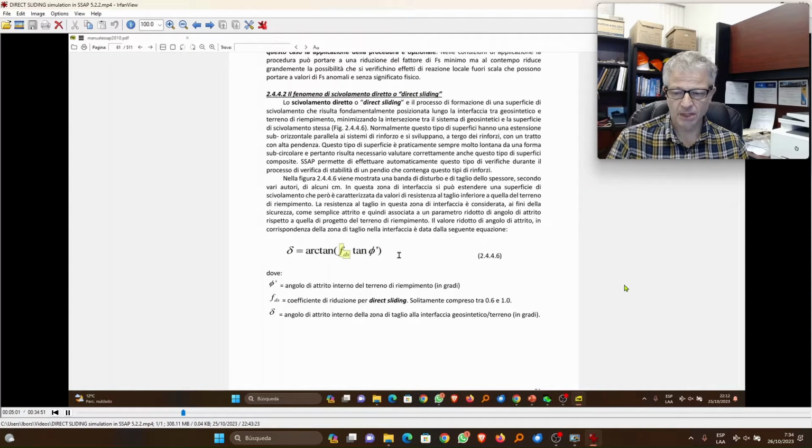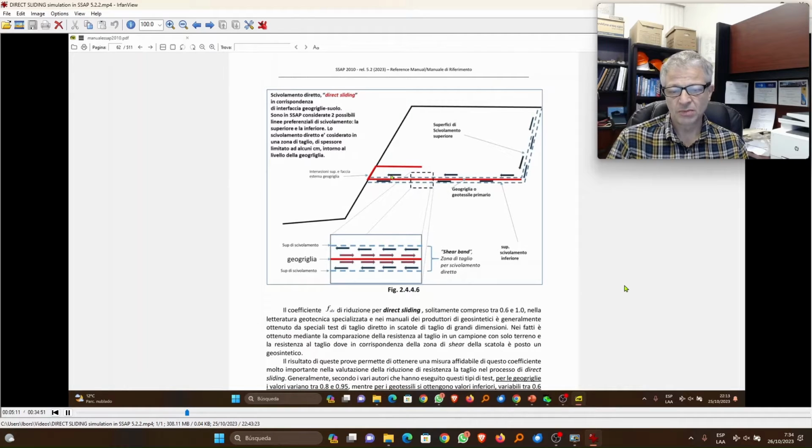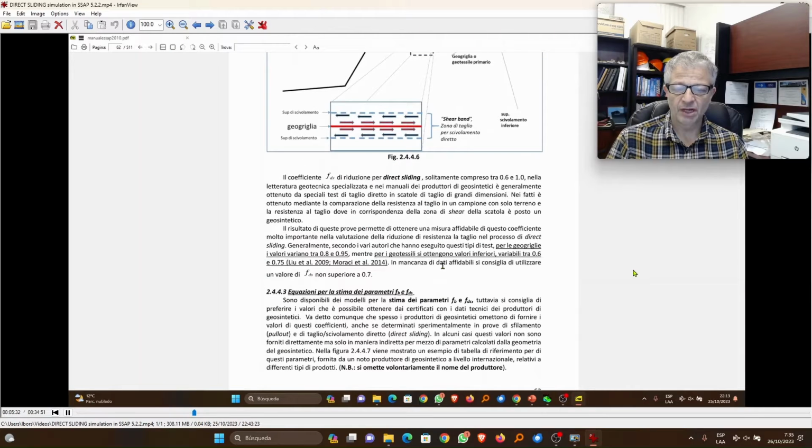It is a well recognized method, so in the design we have to define a direct sliding coefficient and consider the possibility to generate around the geosynthetics, geogrids or geosynthetics, a weak shear band that can produce an anomalous sliding surface with a prevalent planar extension.